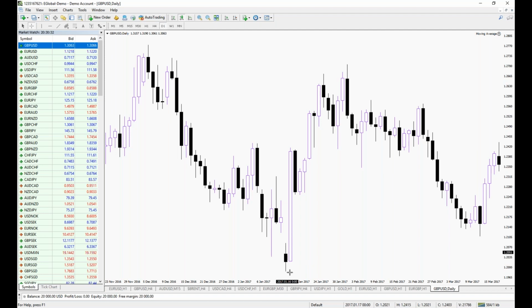After this doji candle appeared, it indicates indecision in the market. It's not basically a doji candle, but more like an indecision candle. So the gap was not closed, so we could assume that there is a potential for the market to reverse.